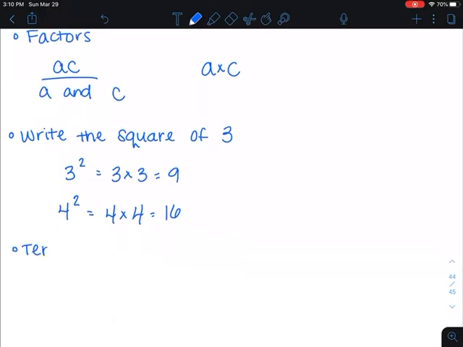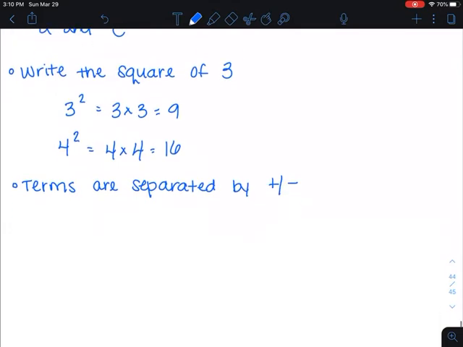Let's look at terms. Terms are separated by adding and subtracting.